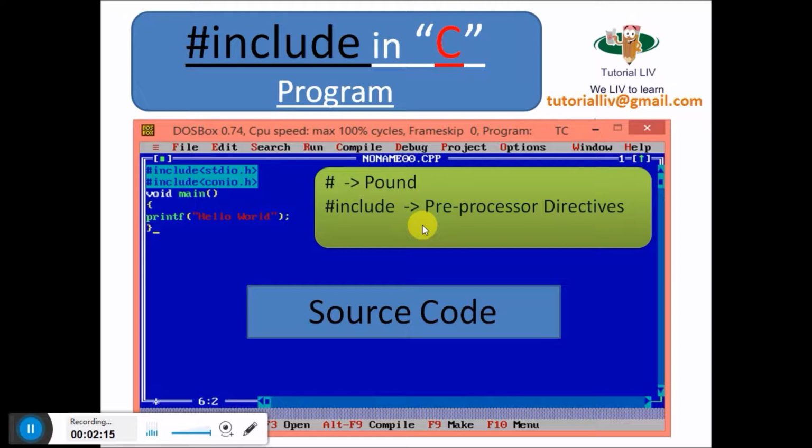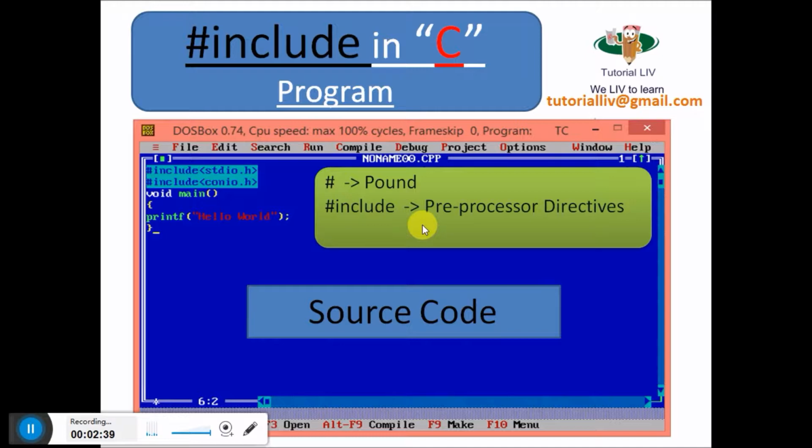We know that header files have several functions. I have already told you some function names, getch, putch, in our last lecture, which are in the stdio.h and conio.h header files. They have the functions related to console input and output, that is, how we get the input and how we display the output on the screen.